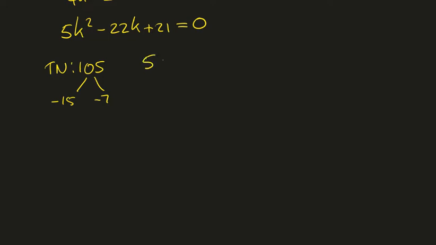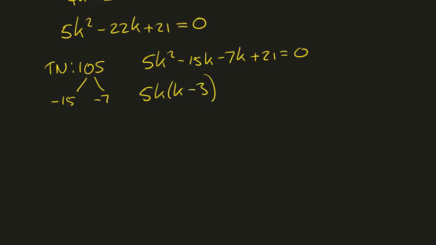So 5k squared minus 15k minus 7k plus 21 is equal to 0. Factorizing the left, 5k, k minus 3. Factorizing the right, minus 7, k minus 3.